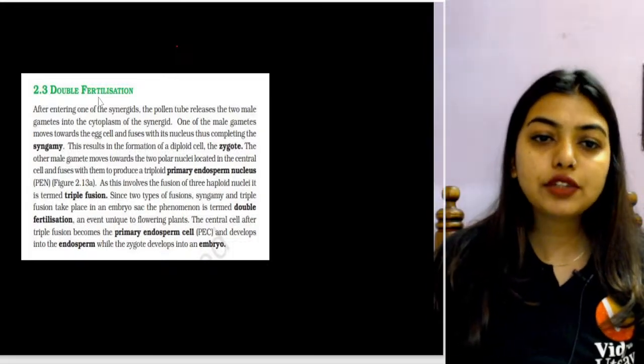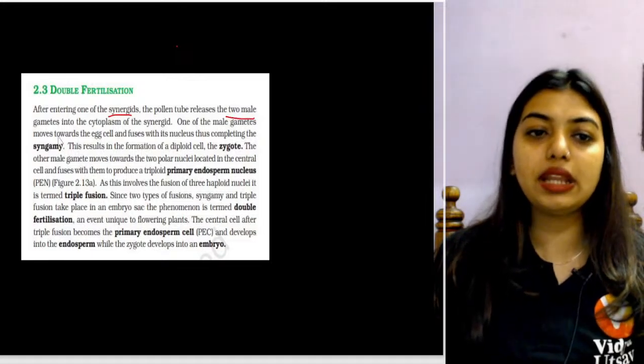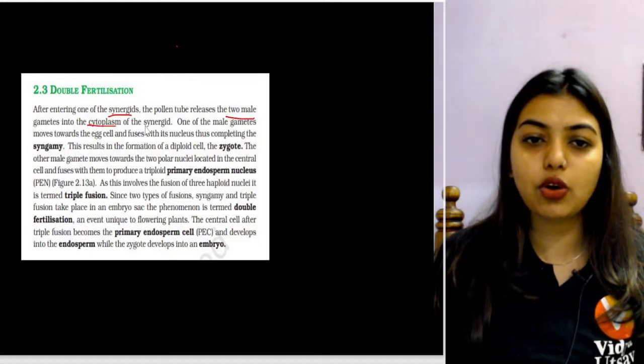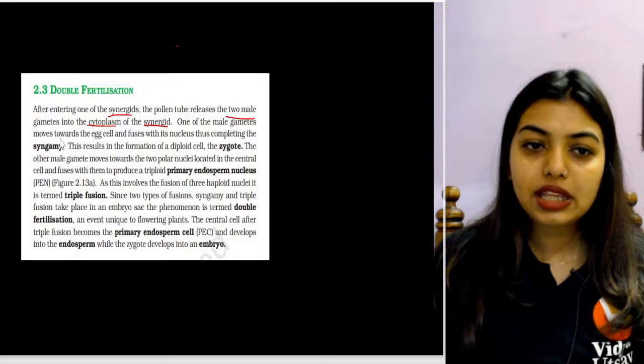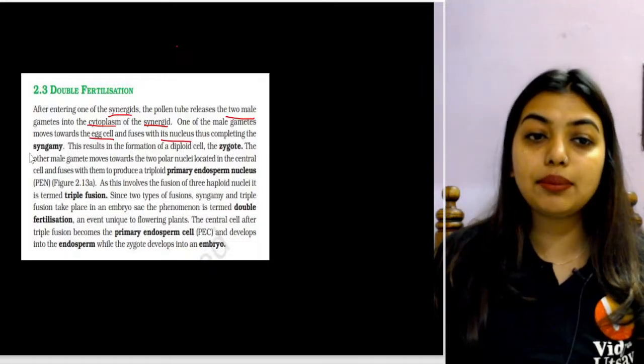After entering one of the synergids, the pollen tube releases two male gametes into the cytoplasm of the synergid. One of the male gametes moves towards the egg cell and fuses with its nucleus, thus completing syngamy.